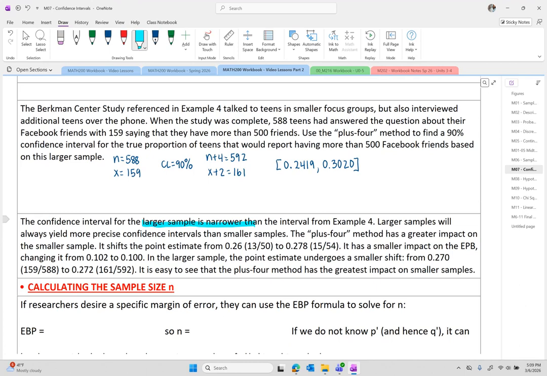It has a smaller impact on the margin of error for the proportion when we have a larger sample, because n+4 is more impactful when n is smaller than when n is larger. In the larger sample, the point estimate undergoes a smaller shift from 0.270 to 0.272. And it is easy to see that the +4 method has the greatest impact on smaller samples.